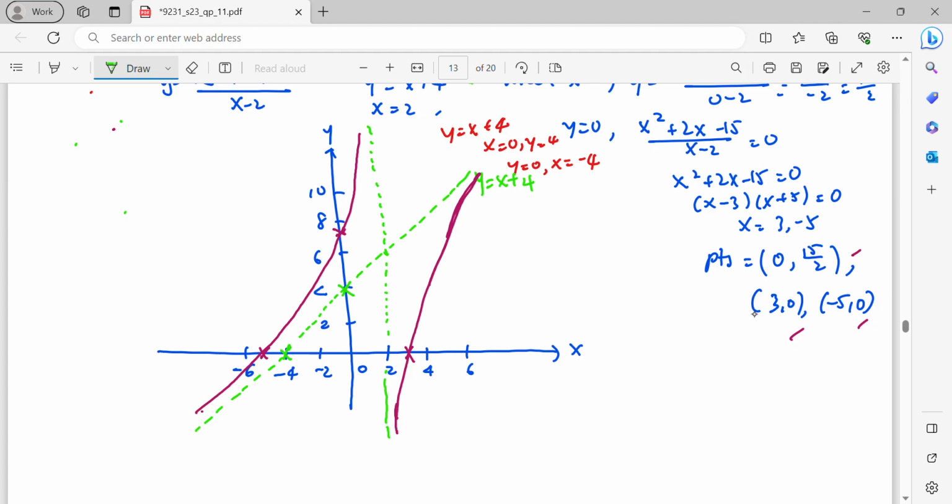Okay? So make sure when it tends to infinity, when x tends to positive 2, it will not touch the dotted line, to show that it is an asymptote.